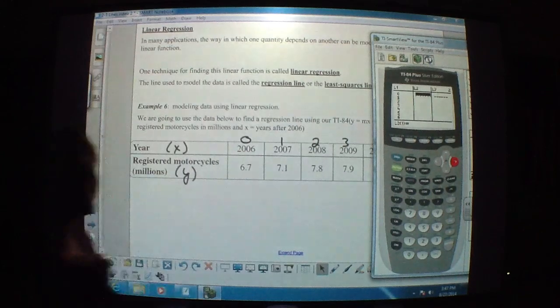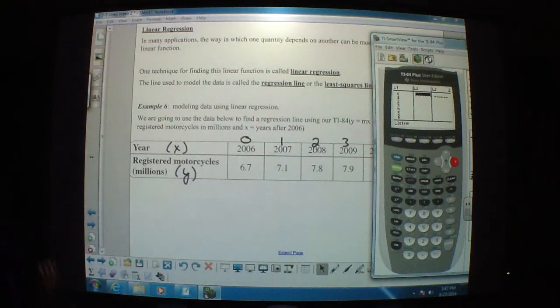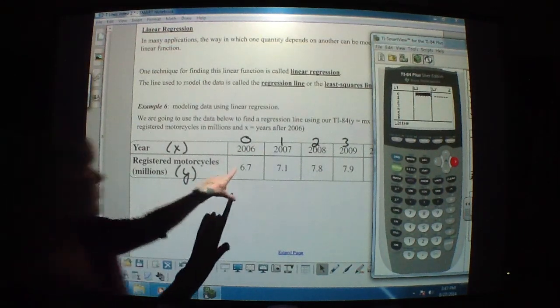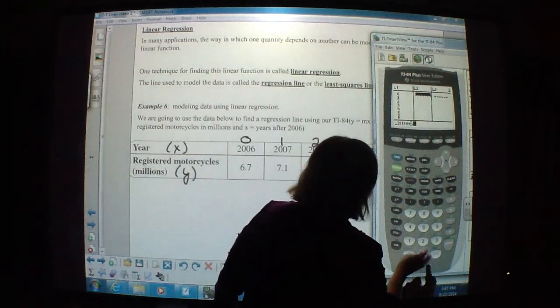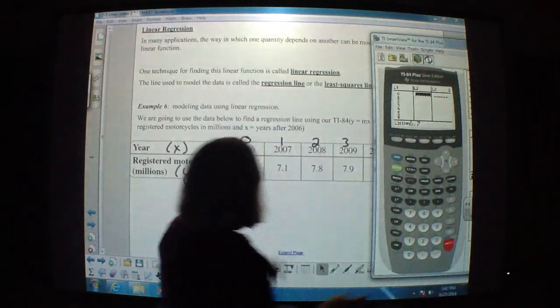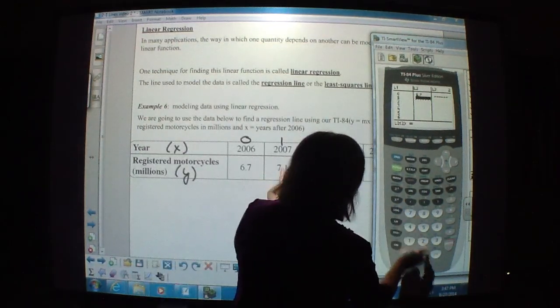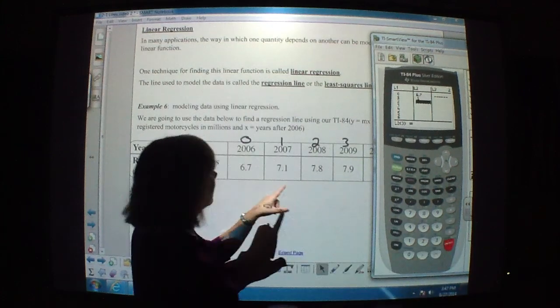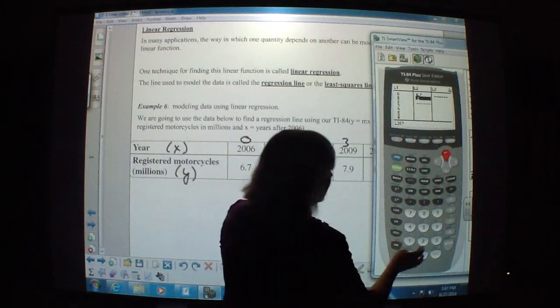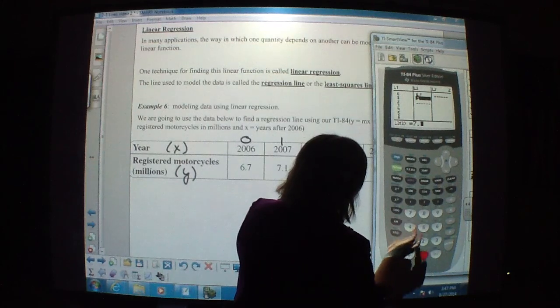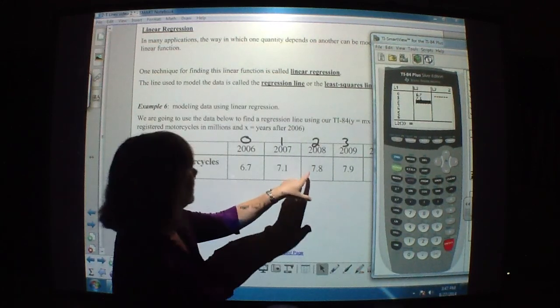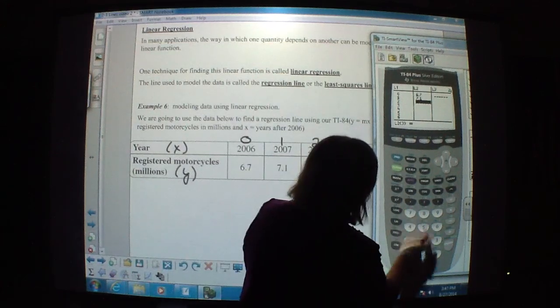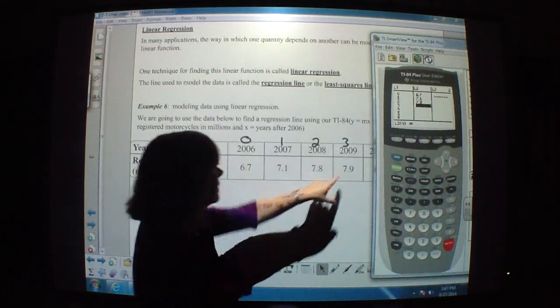Now, in the second column, I want to put in my y variable. My y variable, 6.7, 7.1. I made a mistake. I didn't grab my 7. 7.1. Come on, 1. Yeah. 7.8. 7.9.